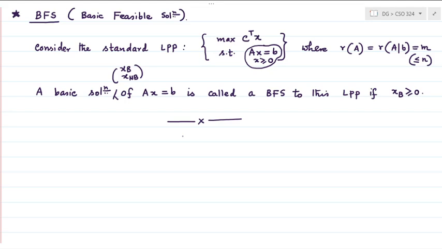Also, after giving an example of basic feasible solution, we will give a result ensuring that all the basic solutions of the problem are basic feasible solutions, and there exist the maximum number of basic feasible solutions.